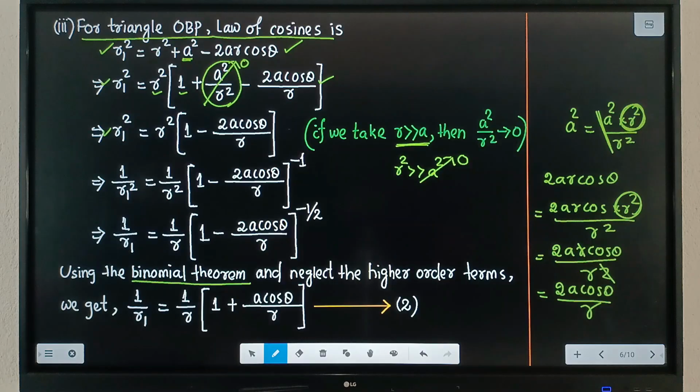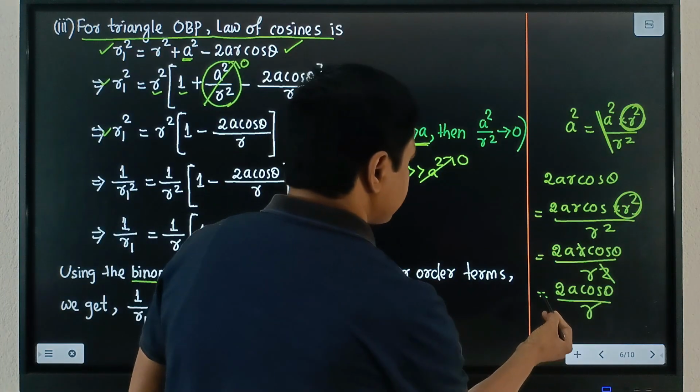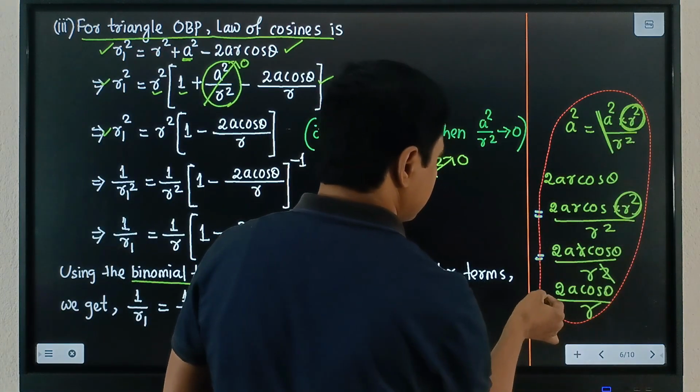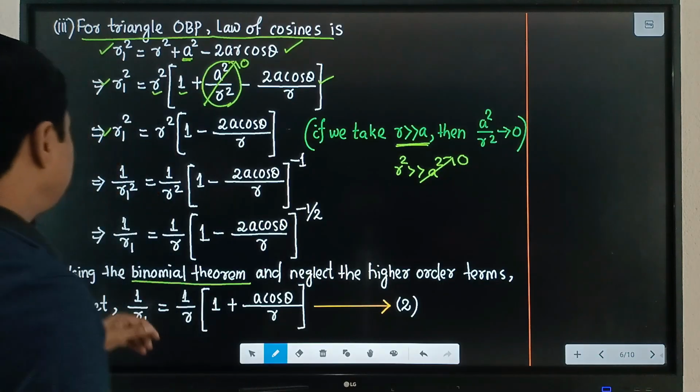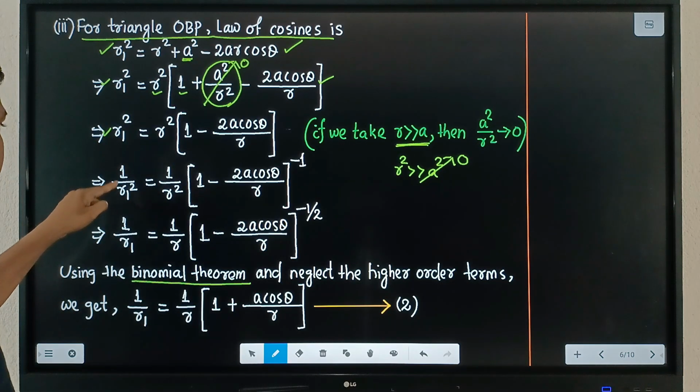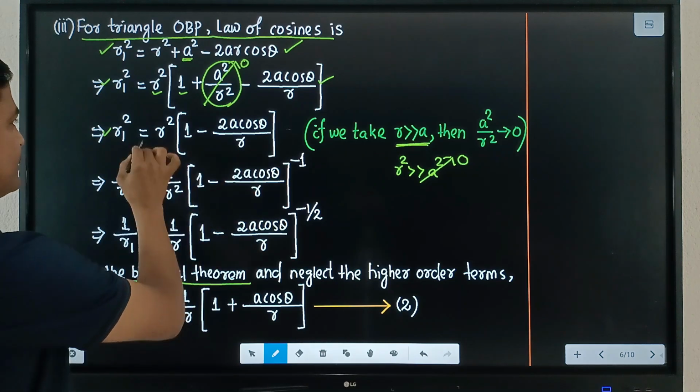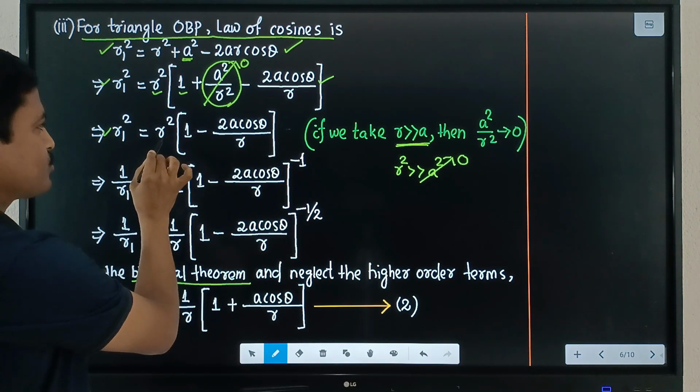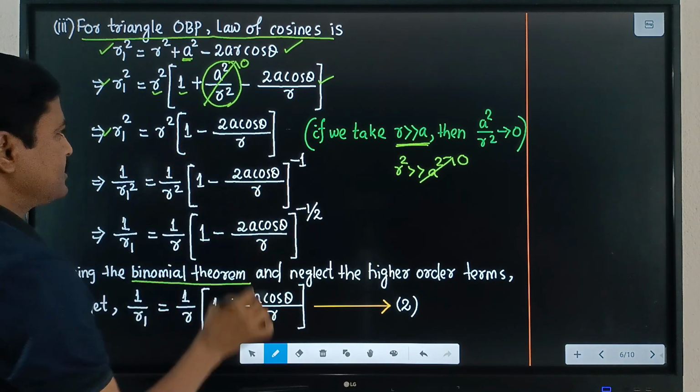Clear? Then here r1 square is there. If we divide just like this, 1 by r1 square is equal to, look at this expression. This is r square into 1 minus twice a cos theta by r.